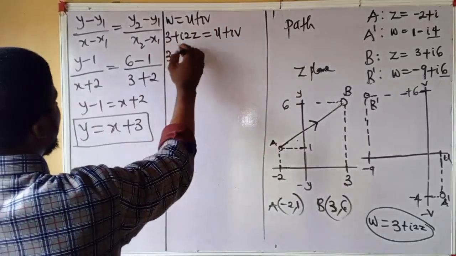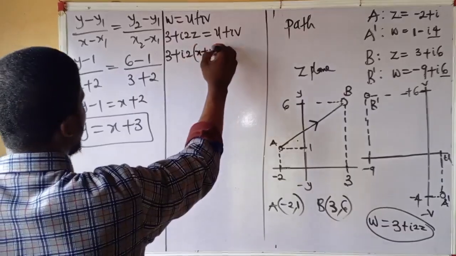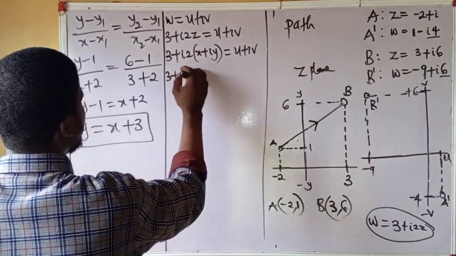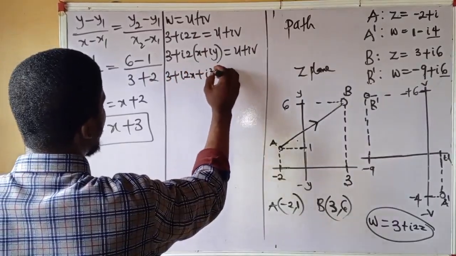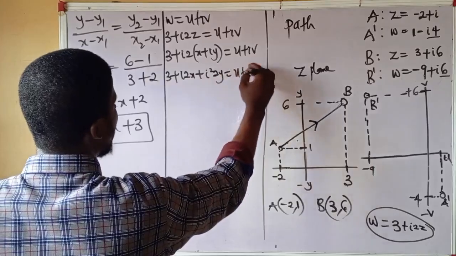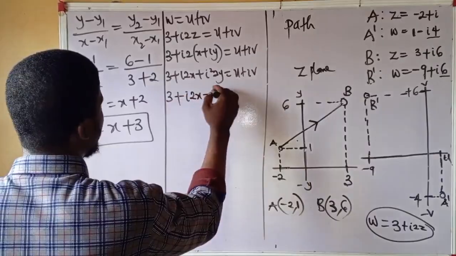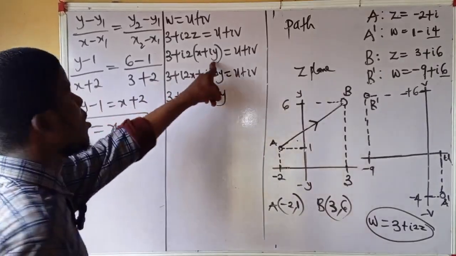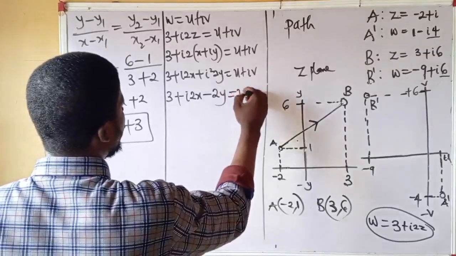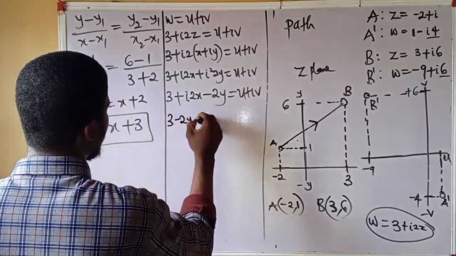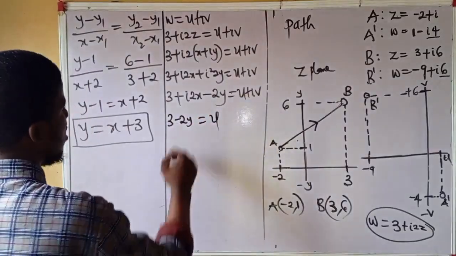So 3 plus i2 into X plus iY, which is Z, is U plus iV. So 3 plus i2X plus i squared 2Y equal to U plus iV. This is 3 plus i2X minus 2Y, because i squared is minus 1, equal to U plus iV. 3 minus 2Y is equal to U, right?